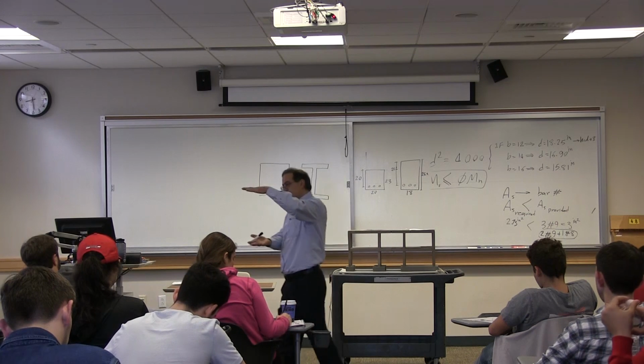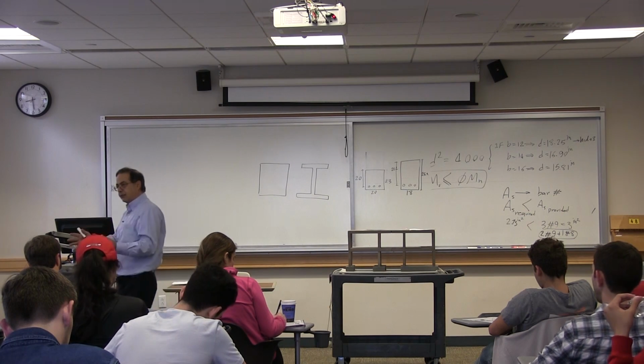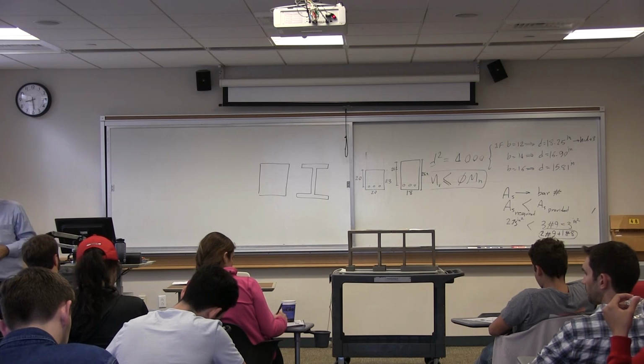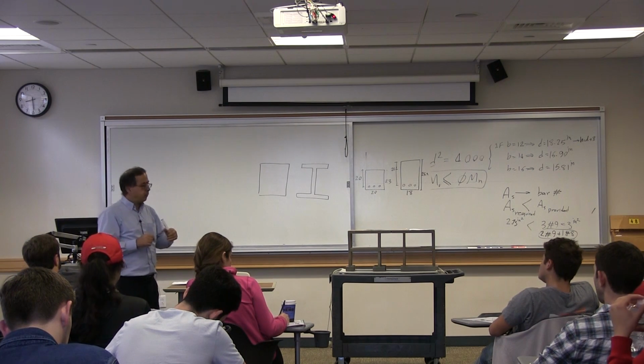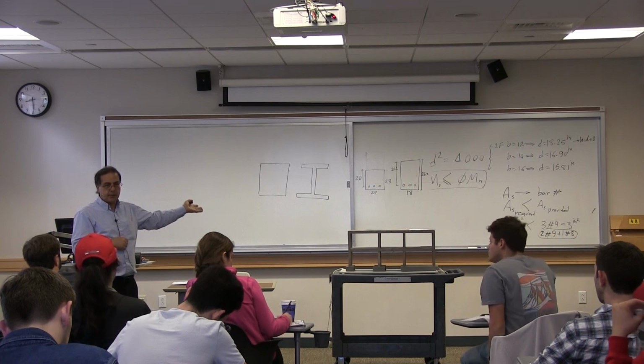That means D, for instance, is twice B, or 1.5 times B. That statement is correct from a mechanical point of view because of the reason we said.